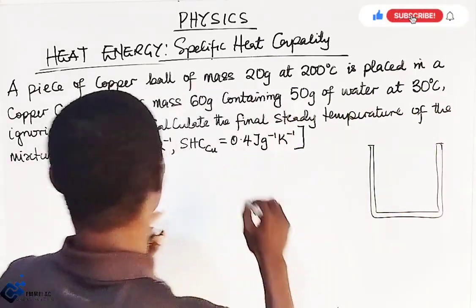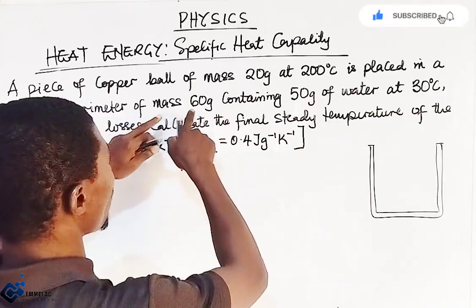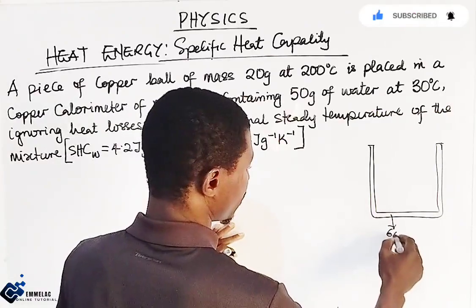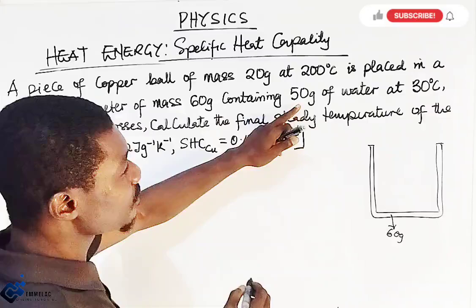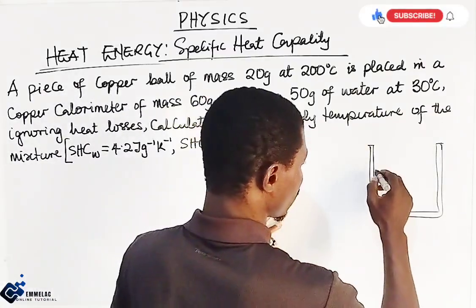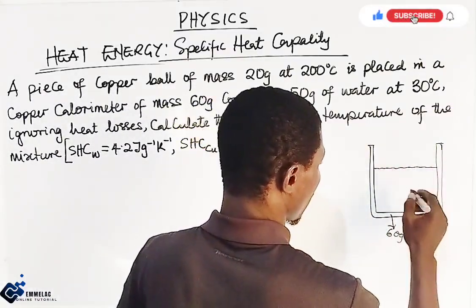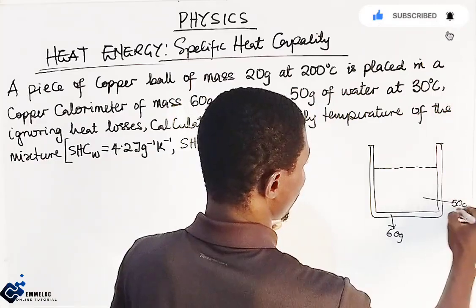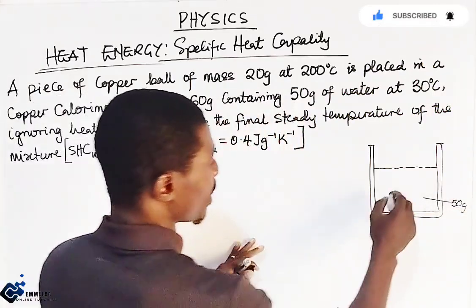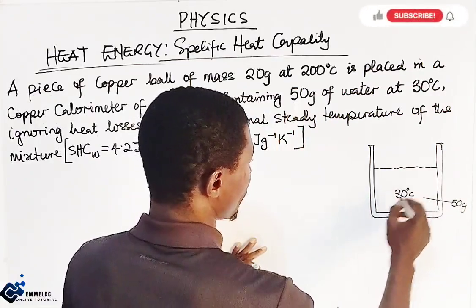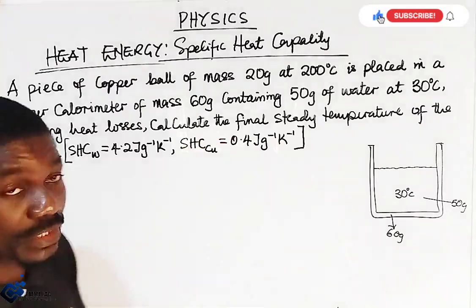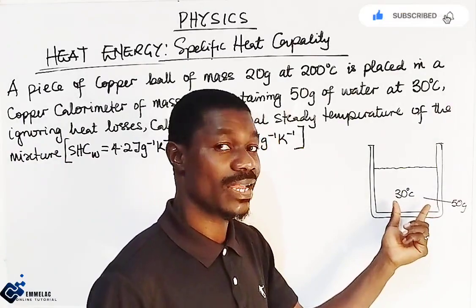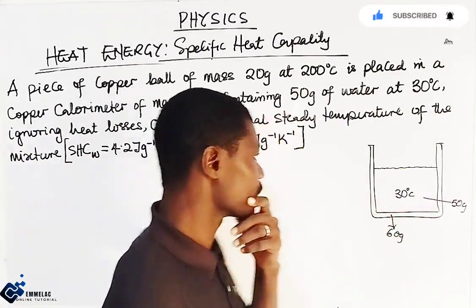We are told that the copper calorimeter has a mass of 60 gram, containing 50 gram of water. So let's assume this is the water here. The water itself is 50 gram, and the temperature here is 30, which implies that both the calorimeter and the water have a temperature of 30 degrees Celsius.